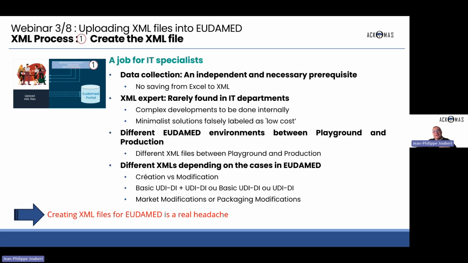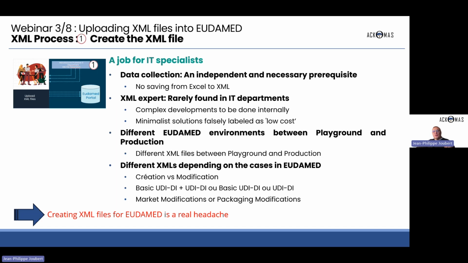My hypothesis is that the lack of a pre-production environment is because all EUDAMED modules were initially supposed to be ready at the same time. And this point fell apart with the mid-2024 EU regulation. So regardless, the production environment and the playground environment are never identical.